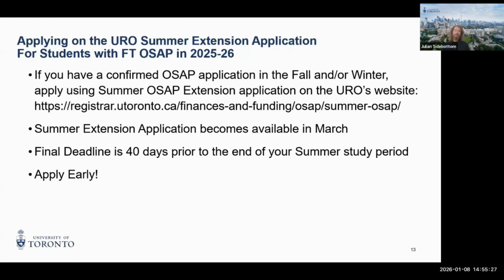The deadline to apply to this is 40 days prior to the end of your study period. However, I always suggest applying early because it always takes time, either to get in any documents you need to submit or for processing.